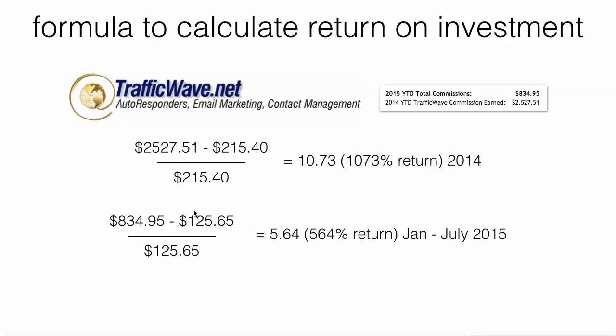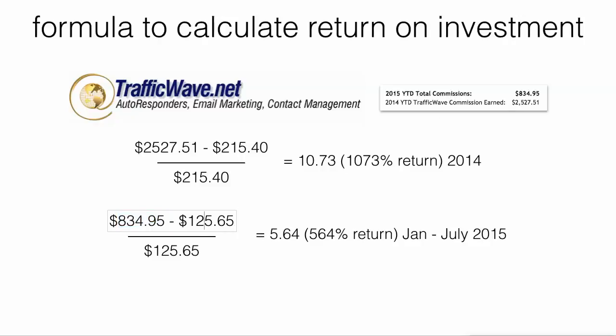But I went on further because this is 2015 when I'm doing this, and this is just early August when I'm doing this video. So I was curious, well, what's my return so far this year? Well, for this year, as you can see, I've got $834.95 that have been paid to me in commissions.